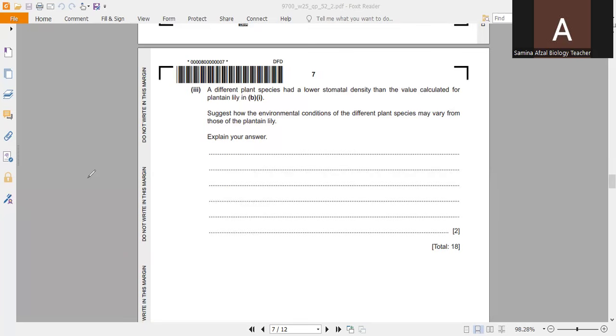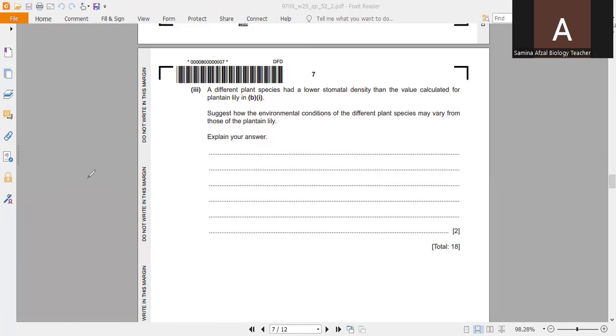Having fewer stomata reduces the total surface area available for water vapors to diffuse out of the leaf. So this is a survival strategy to conserve water in habitats where water is scarce or where the rate of evaporation is very high due to high light intensity or low humidity.